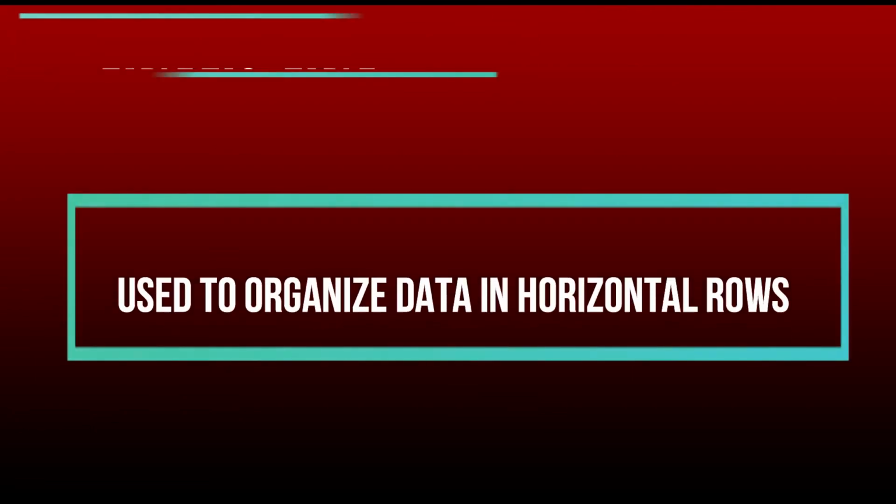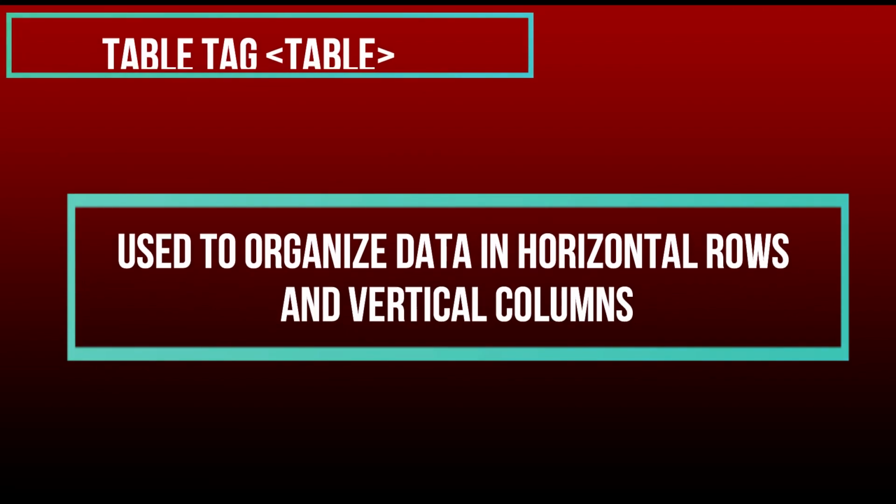Okay, the next topic that we will be discussing now is the table tag. See, the table tag is basically used to display a set of data in the form of rows and columns. It is one of the most important tags in HTML. And here, when I want to display data in the form of horizontal rows and vertical columns, I use the table tag.